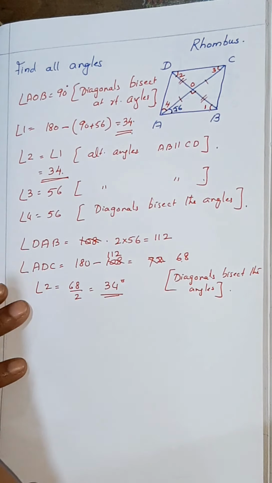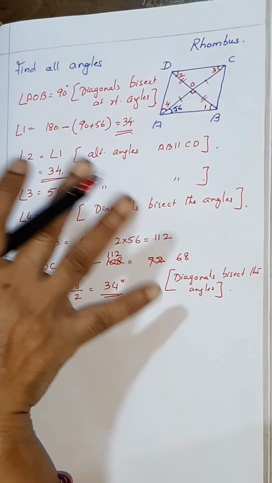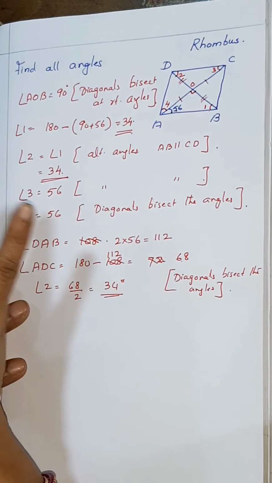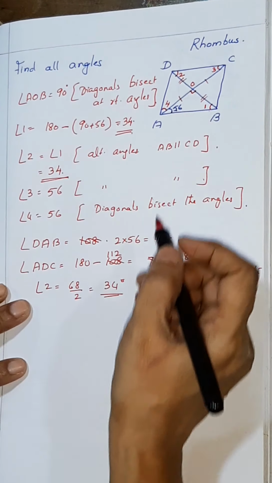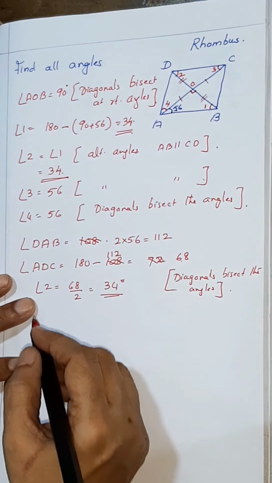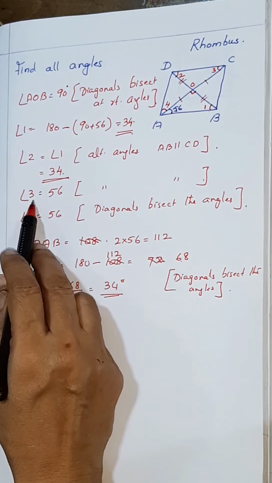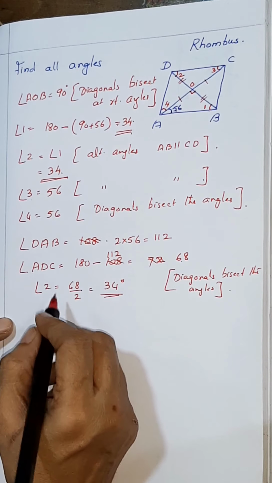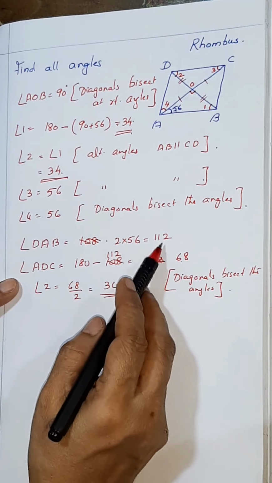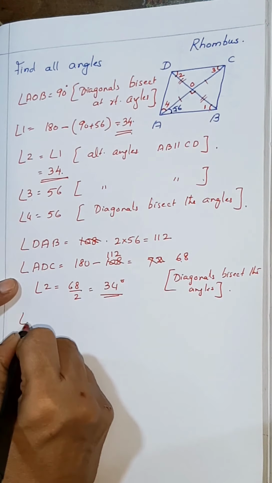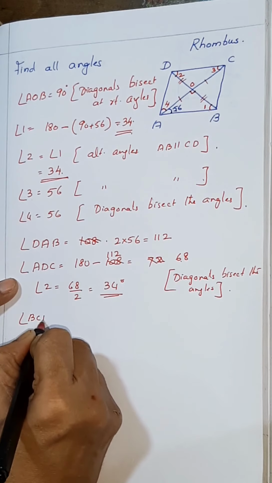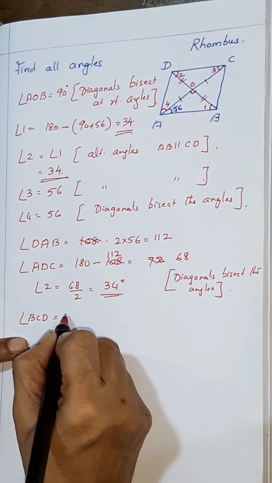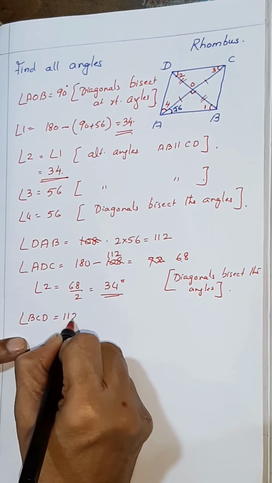In rectangle the diagonals do not bisect. So this property can be used only in rhombus and square. So 2 is 34, then 3 we have already found. So angle BCD will be, angle DAB is 112, so angle BCD is also 112.